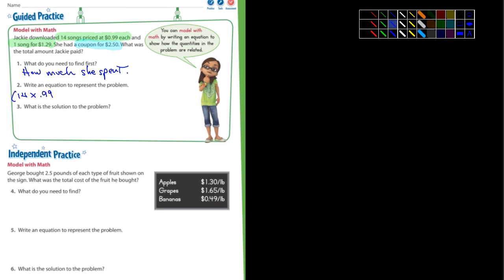I'll just put that in parentheses, plus 1.29, because that's just 1 song for $1.29. Okay. And then minus 2.50 equals, and that would be the answer. And then it says, what's the solution to the problem? Well, whatever you come up with here is the solution to the problem. Okay? So there's that one set up for you.